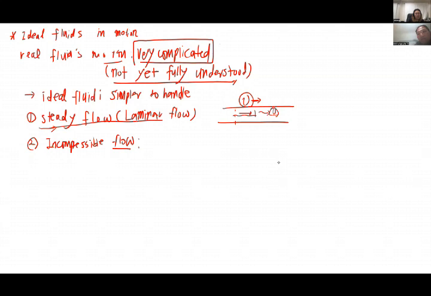Like you can't compress it into a solid. Okay, that's a right way to describe this word. But what does it mean in physics? It's always unchanging, actually.